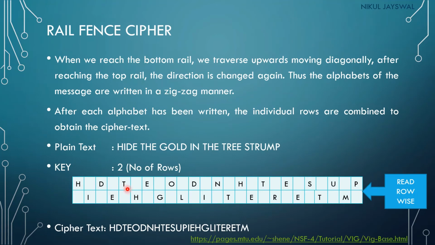After arranging the message in a zigzag manner, we will read the message row wise. So HDTEODNTHESUP. This will be the first row, and IEHGLITERETM. This will be the second row. So this is how we are converting our plain text into ciphertext.